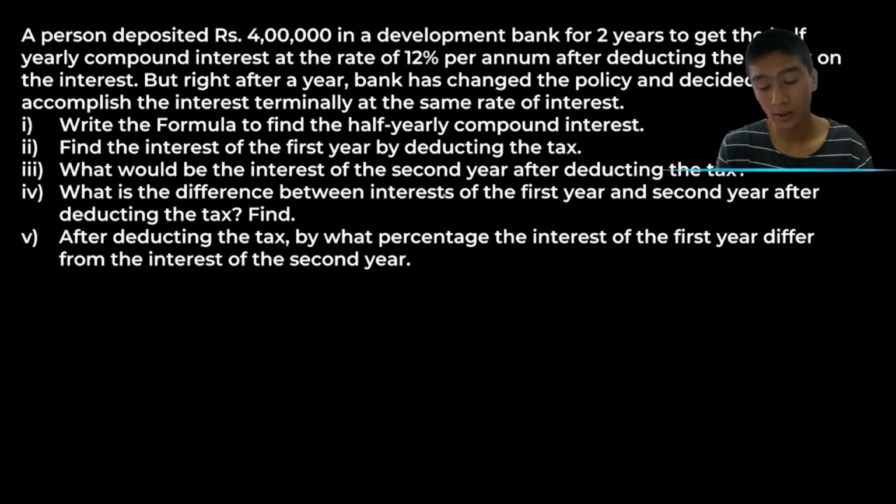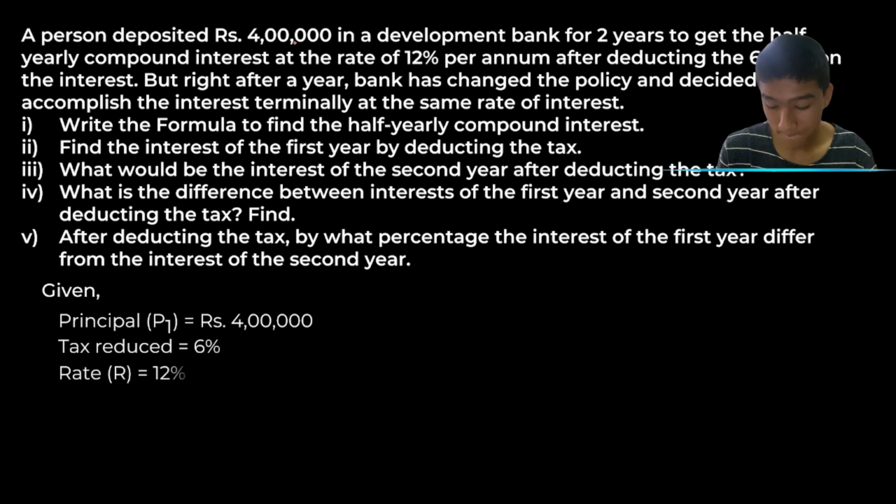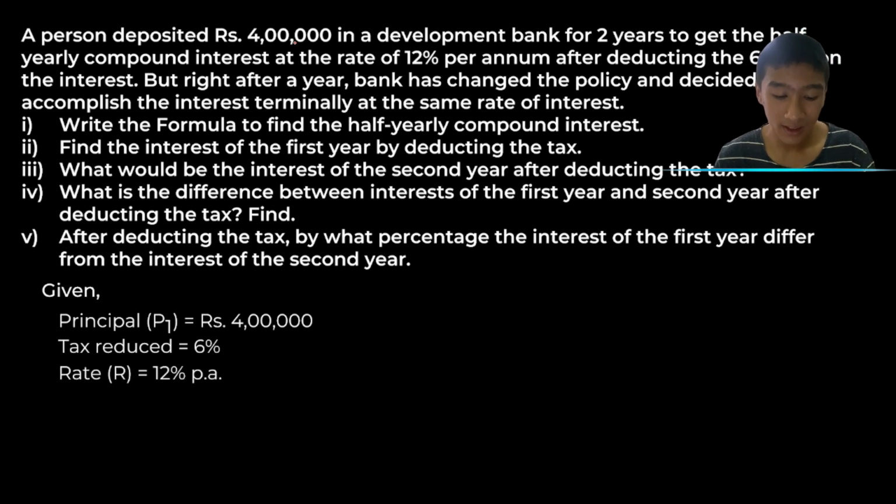So first, let's write the given: we have rupees 4 lakhs as the principal, P1, the tax deduction, which is 6%, and the rate is 12% per annum. Solution.